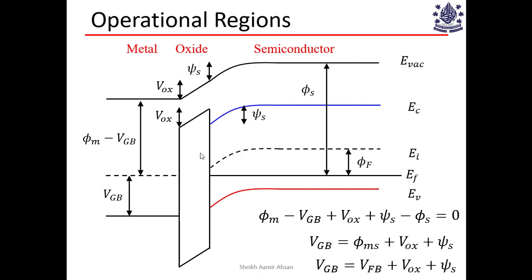But if there are some charges, some trap states, some additional non-idealities in the oxide, then we will also need to include a Q naught or some oxide charge component over here to make this VFB. But for now, we'll just go forward. We can use phi ms as a flat band voltage. So this is your typical potential balance done all the way from the gate to the body. This is your potential balance equation.